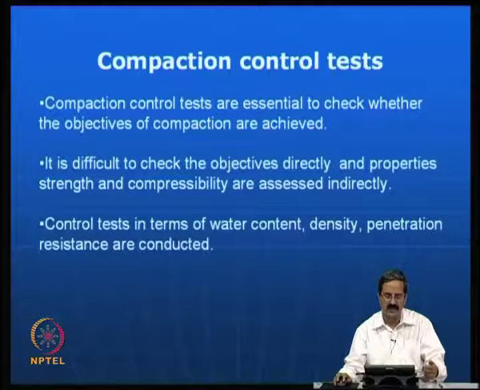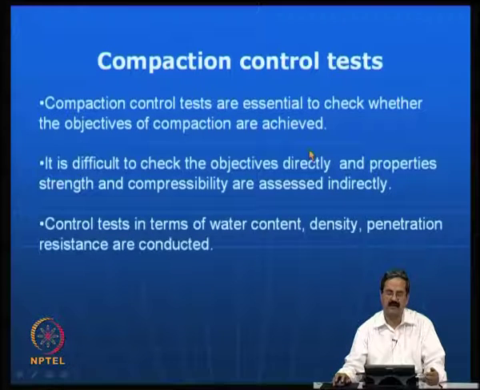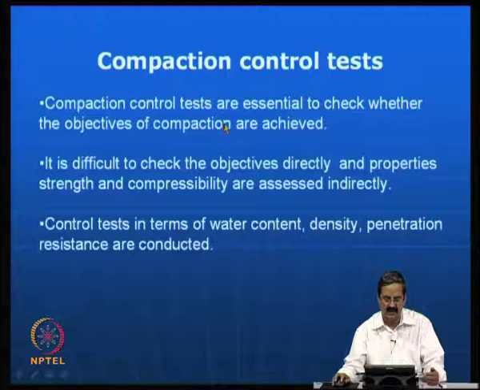So, when we do this compaction control test, why do we do this? Say for example, when your objective is to assess the strength and permeability, you cannot directly get them. So, we need the compaction control test to see that the requirements such as good strength, less compressibility and less permeability are assessed indirectly.